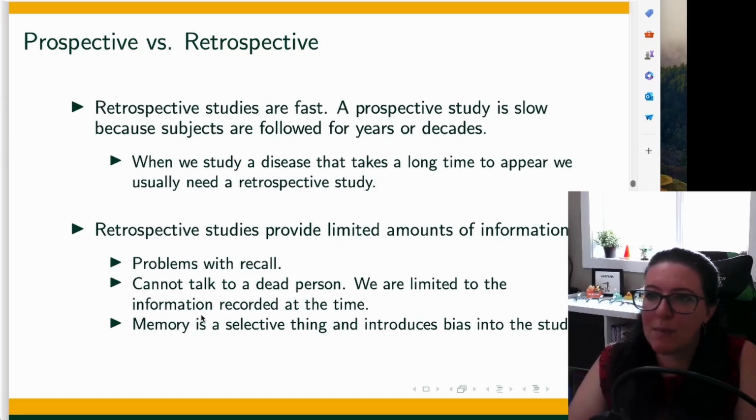Retrospective studies provide limited amounts of information. There are problems with recall. We're limited to information that was recorded at the time. Memory, right? There's bias in terms of remembering things and what actually gets noted down.